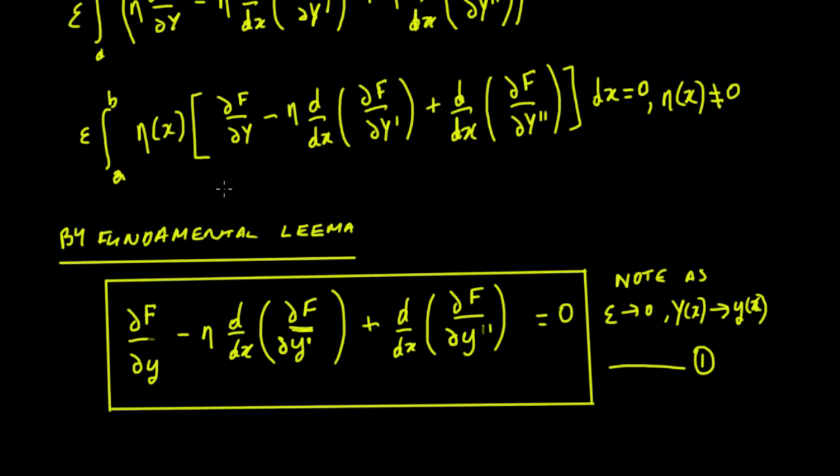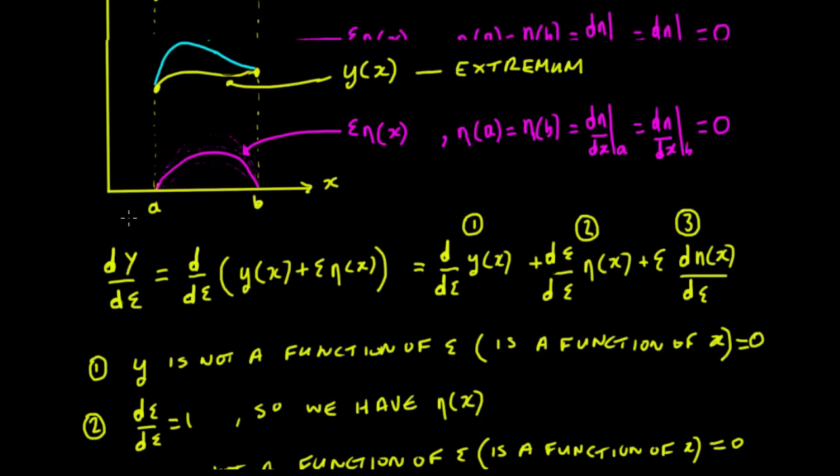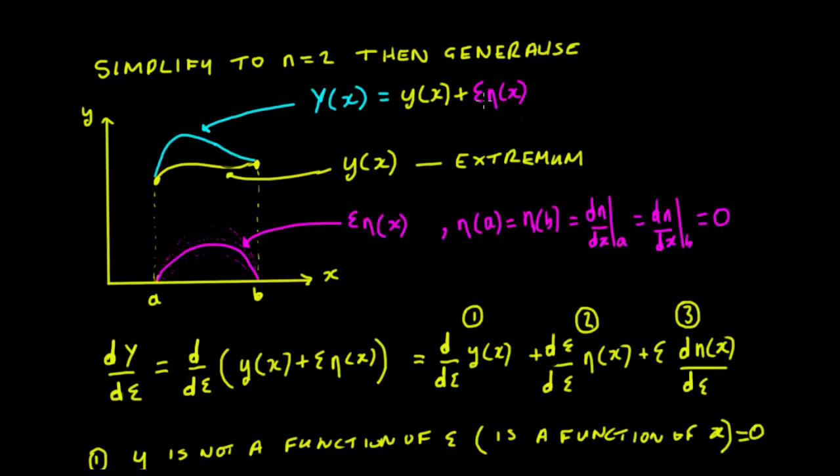Now also note that if the limit is epsilon tends towards 0, then large y will tend towards our small y. You can see that from our original equations up here. If epsilon tends towards 0, then this large y of x will just tend towards y of x, because this term here will tend towards 0.